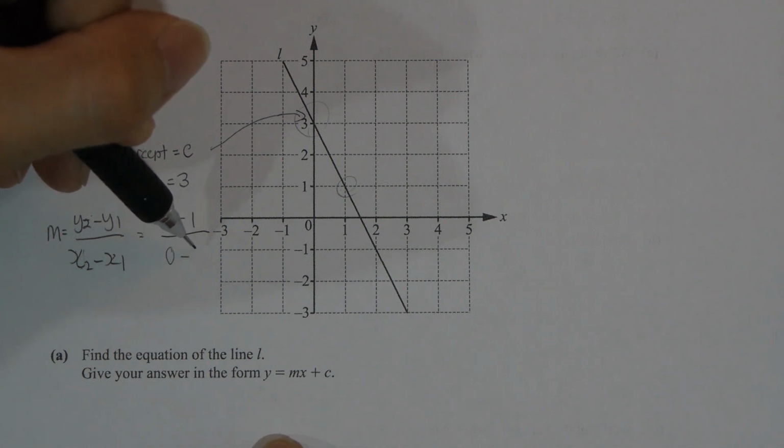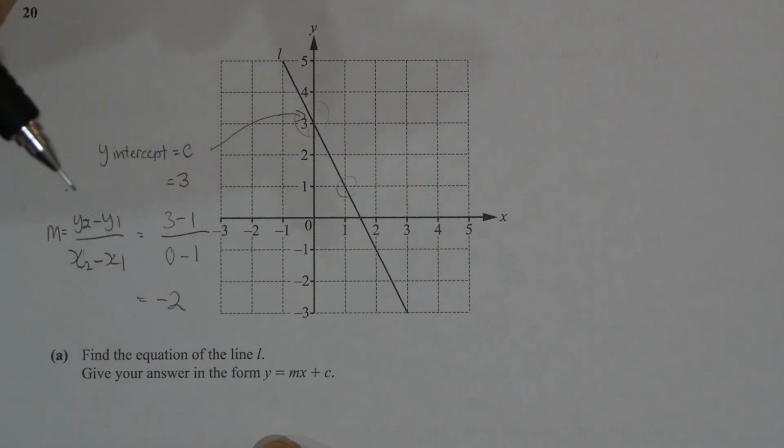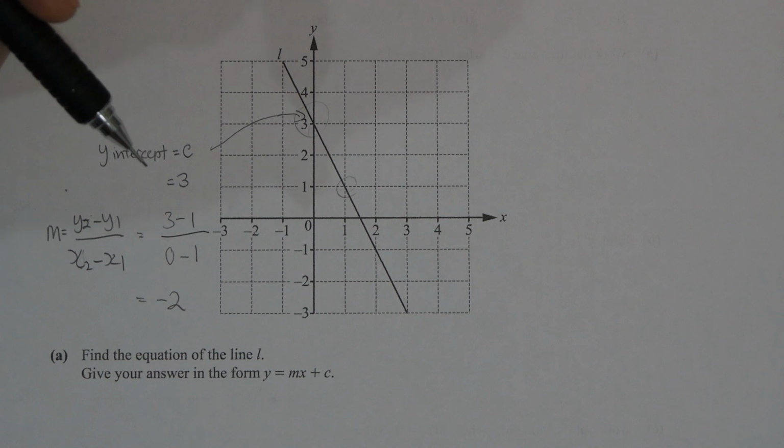So you get a gradient of -2. Then you fill it back into the equation given earlier, and you will get y equals -2x plus 3.